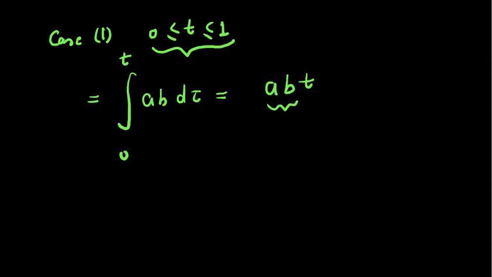Then what is your case 2? Now you shift more than 1 but less than 2. In that scenario, you will see that you have shifted your signal by more than 1 but less than 2.